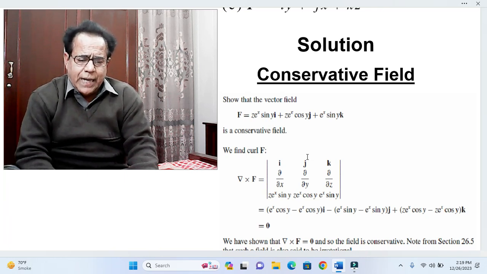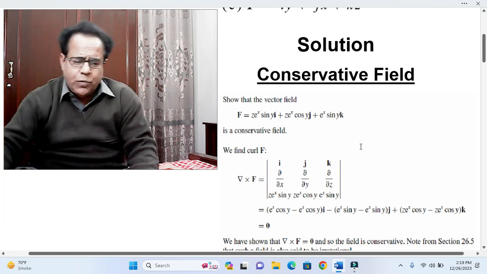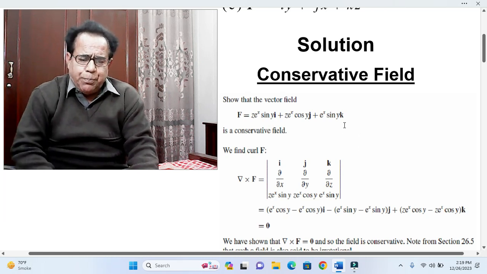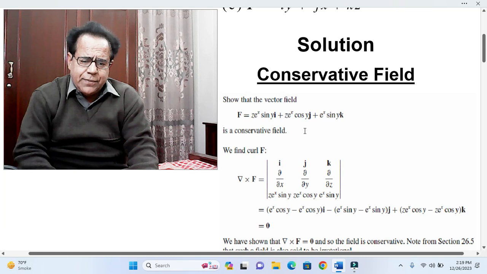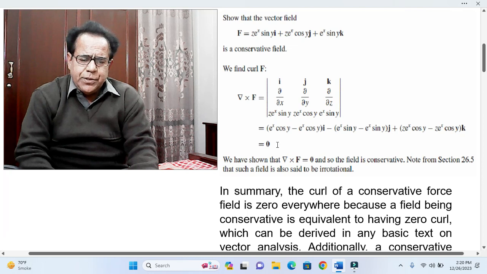Del cross F, that is curl F, is equal to the determinant with i, j, k, partial over partial x, partial over partial y, partial over partial z, and then the components along the x axis, y axis, z axis. This becomes 0.